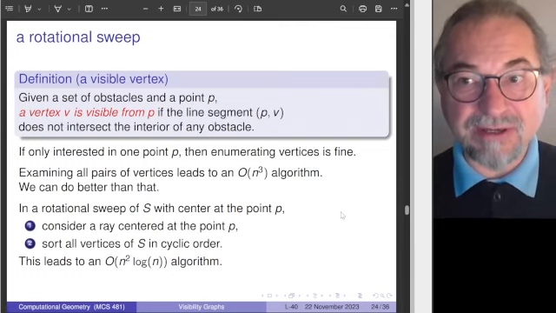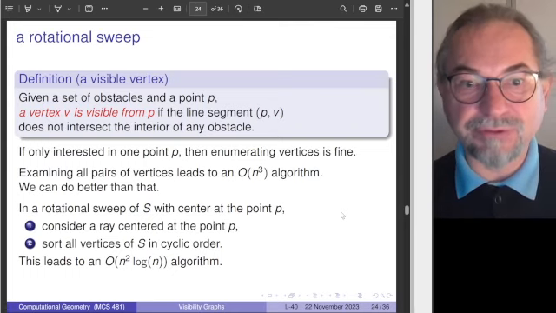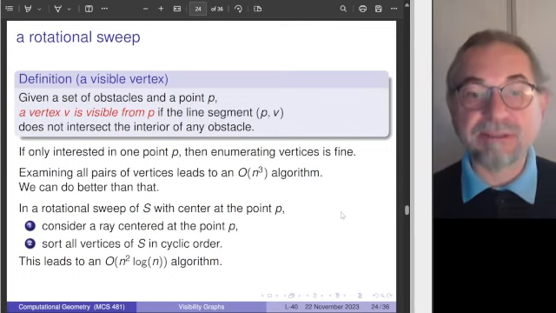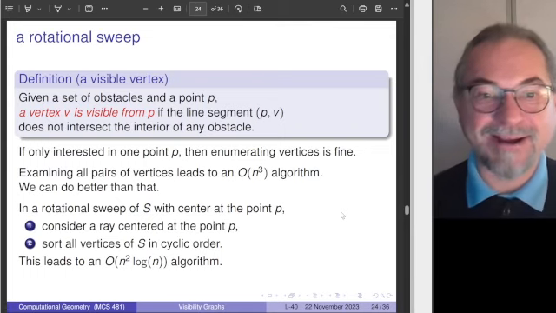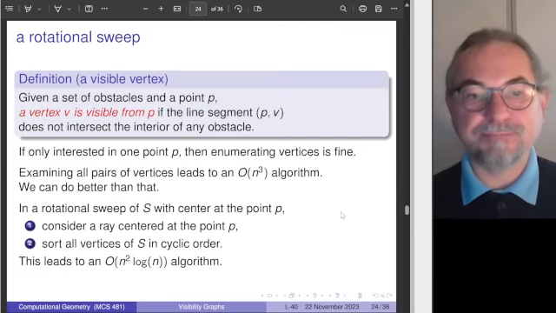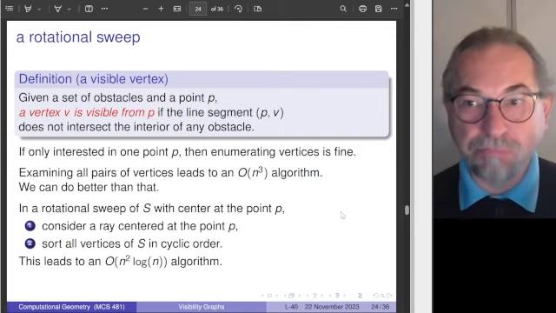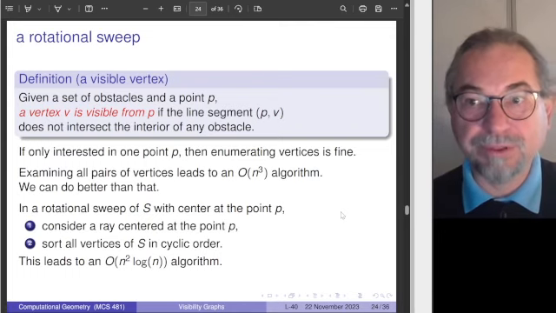That is particularly bad if you're dealing with large graphs of millions of vertices. We can do a lot better, but it still will be a quadratic algorithm, actually a little bit worse than quadratic, n squared log n. So in some sense, the bottleneck of the shortest path computation will be the visibility graph.